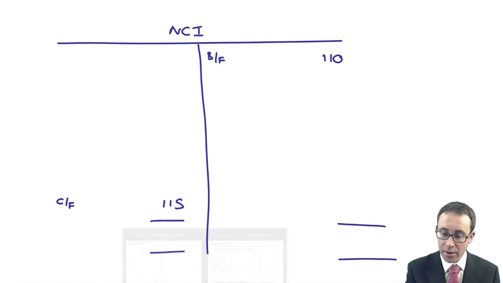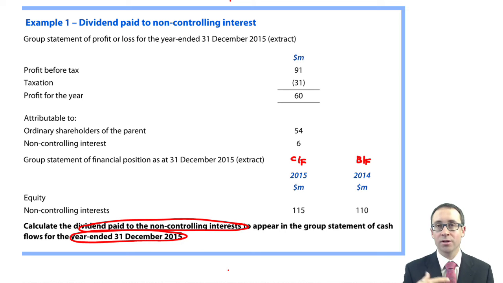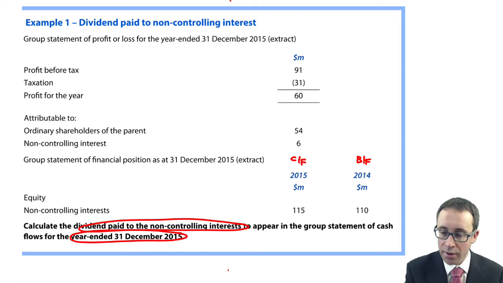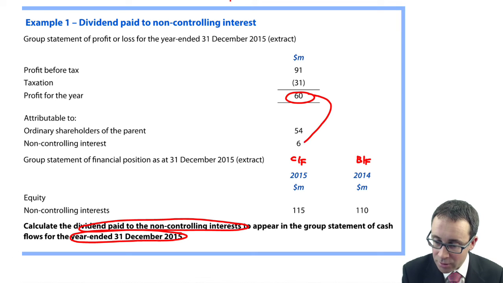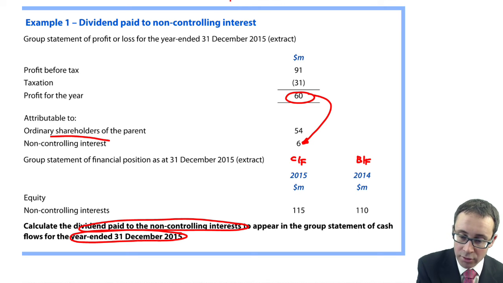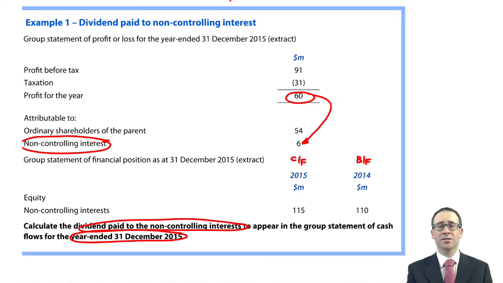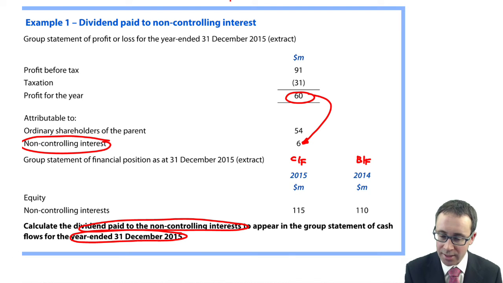Once I've got that, I can then go and start to look at the statement of profit or loss. So you've got this profit figure of 60, but that needs to be split into the amounts that are attributable to the parent and the amounts that are attributable to the non-controlling interest. That's what we've calculated previously by taking the non-controlling interest share of S's profits for the year. It's been done for us; we don't need to calculate it.